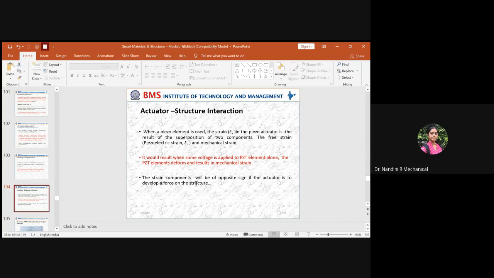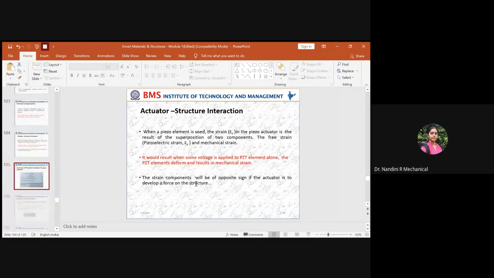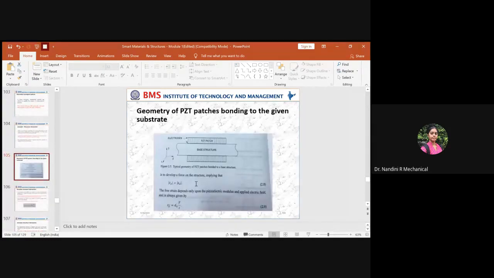The strain comes in two components, a mechanical strain and a piezo strain. We looked at the sign convention of the piezo strain and the mechanical strain, and at the contact, whether there will be any magnitude of the strain or it will be nullified or neutralized, whether there will be any connectivity or not. All these aspects we studied in the last class.